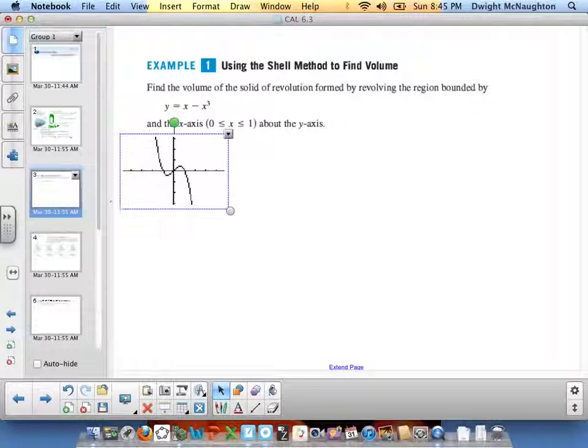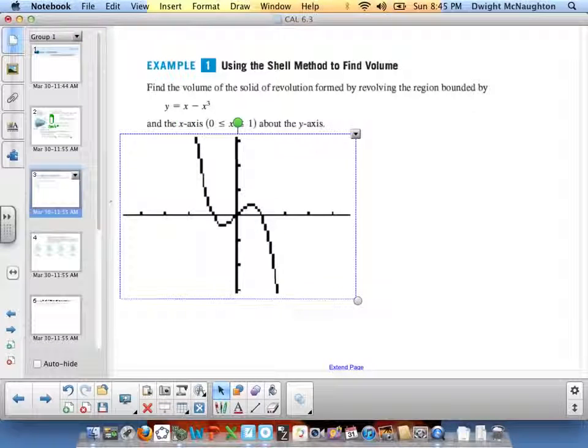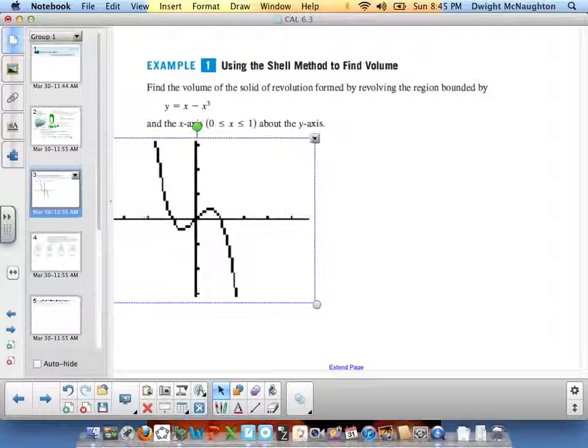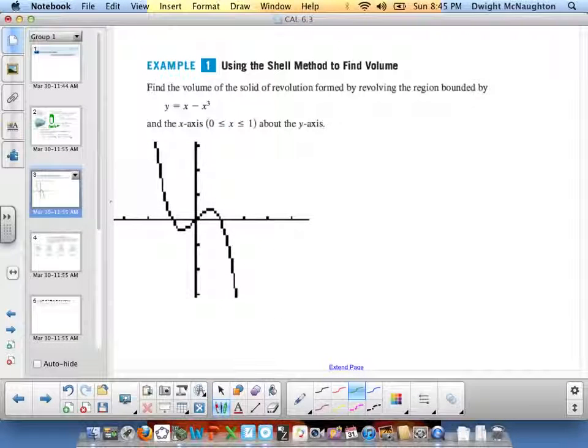It's a pretty tiny region, from 0 to 1. Basically, we're looking right in here. We want the volume when we rotate that around the y-axis.